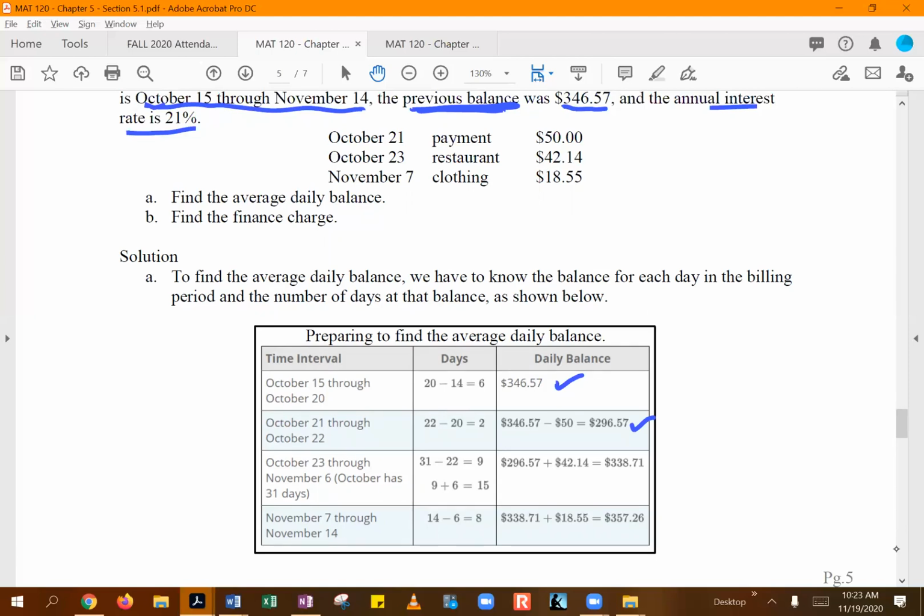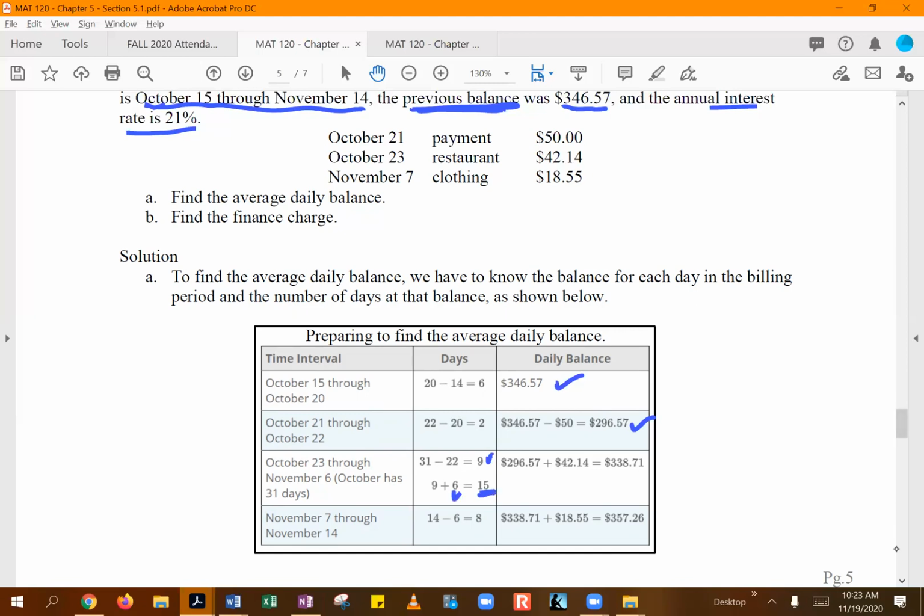Now on October 23rd, we made a purchase. From the 23rd till November 6th, the day before the November 7th charge, that's a total of 15 days, because that's 9 days in October and 6 days in November.